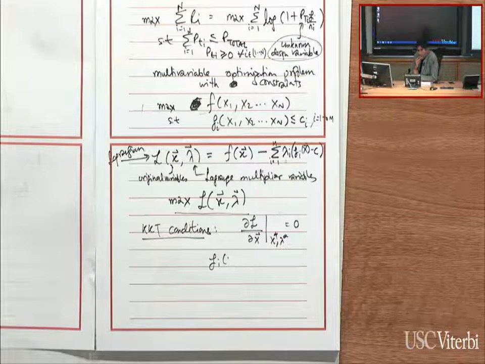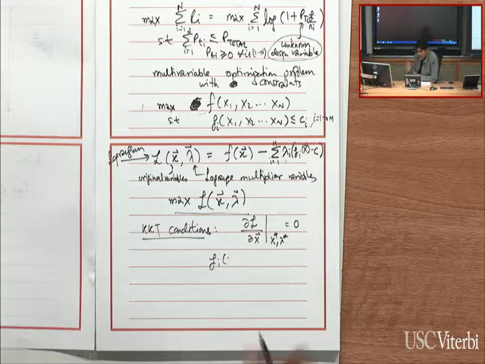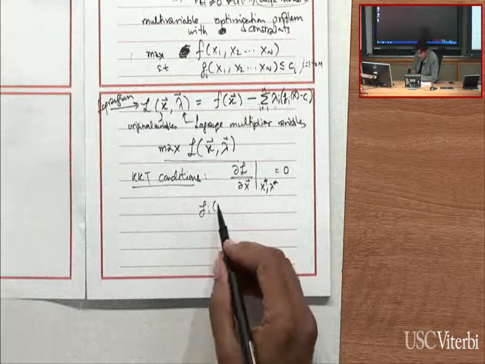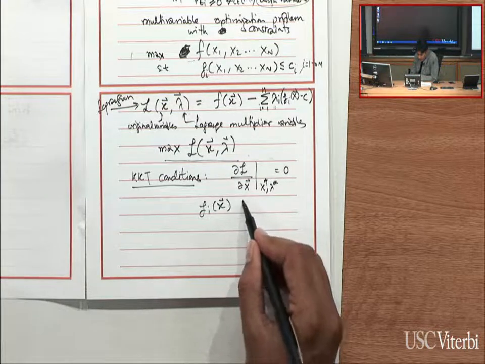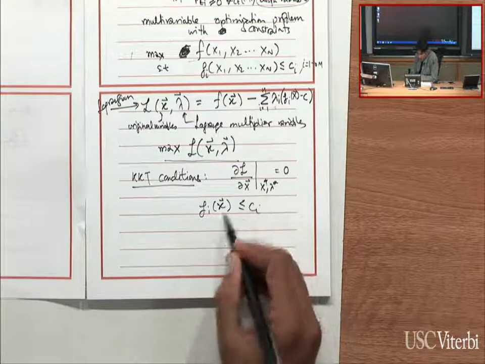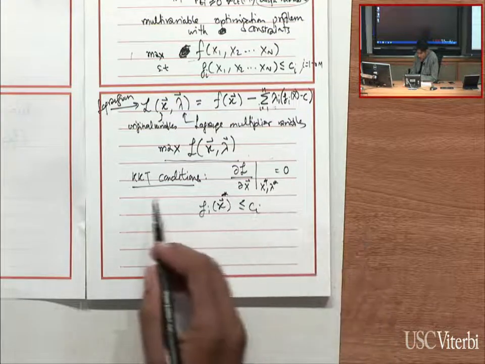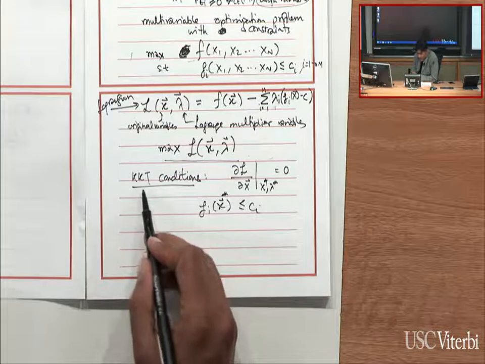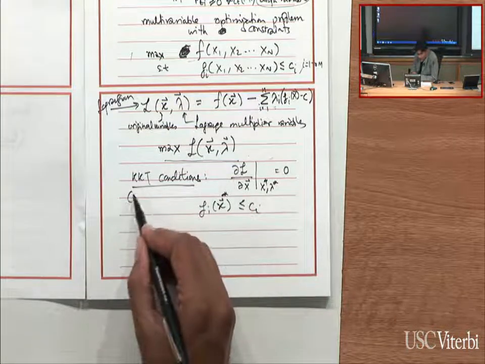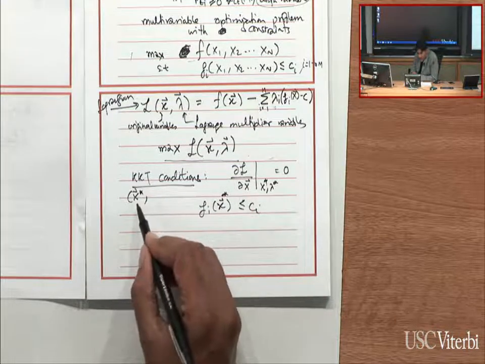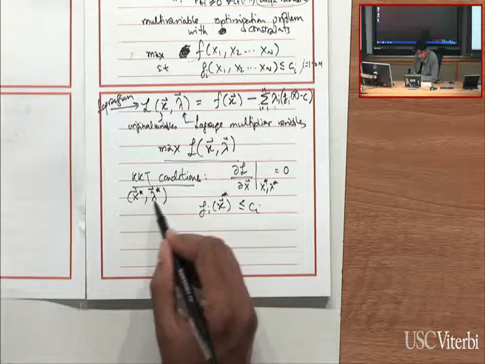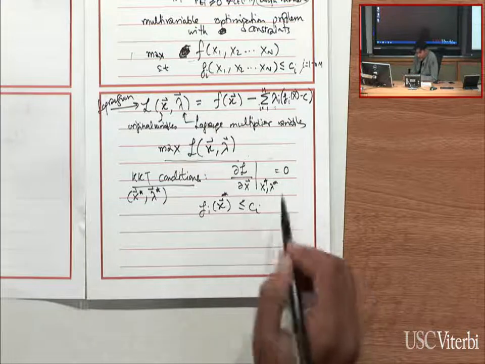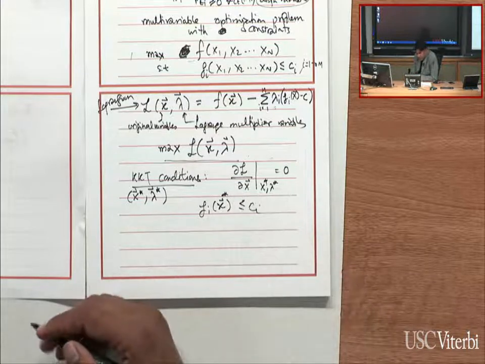Then other conditions would have to do with the fact that each of your constraints must be satisfied at the optimum point. So what we're trying to do when we solve this Lagrangian is we're trying to find a set of values for your original design variables plus a set of values for your Lagrange multipliers, and they must satisfy certain statements.